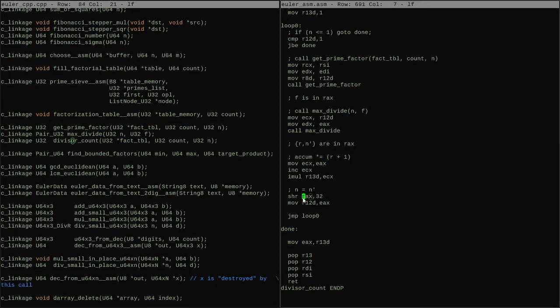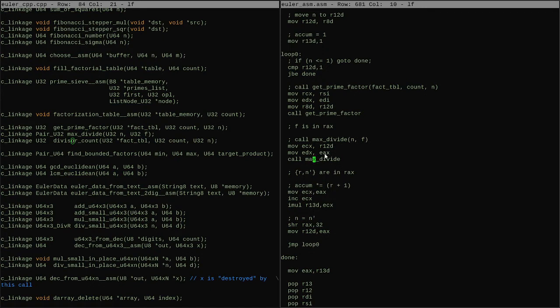This is an issue. RAX, where did RAX get its value? Looks like it got its value from here. Max divide returns a pair. So I'm doing RAX here. So that's the low 32 bits. R n prime is from RAX shifted right.